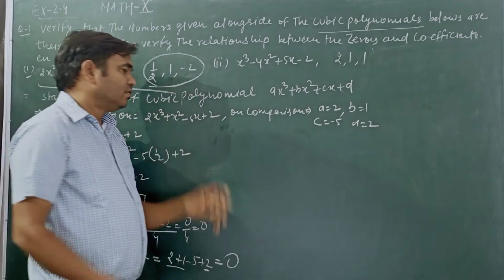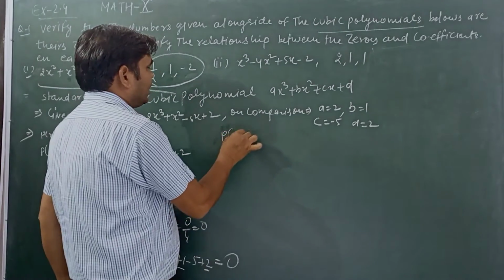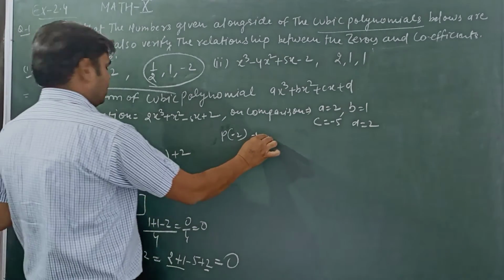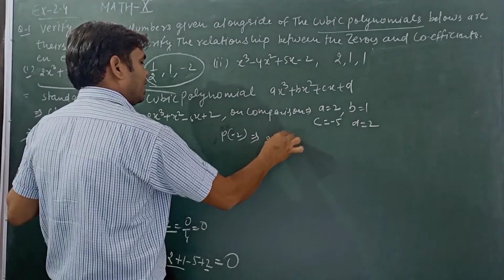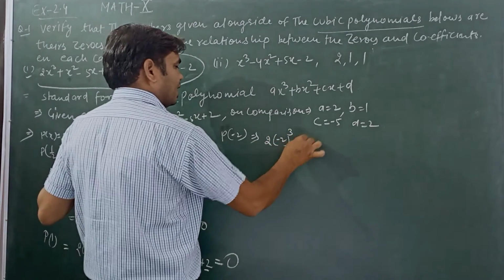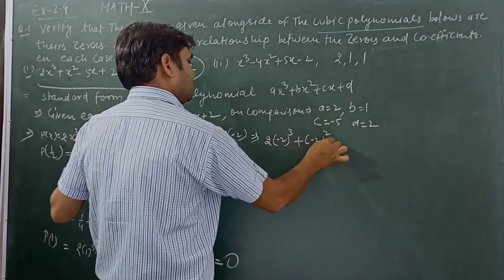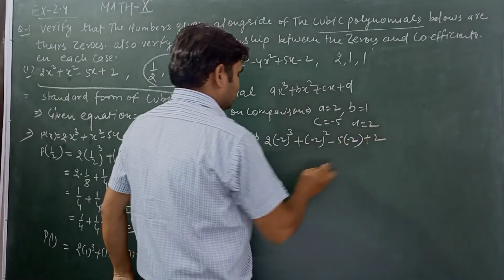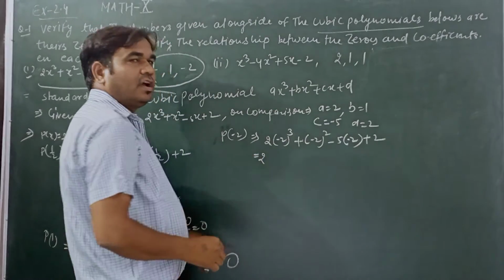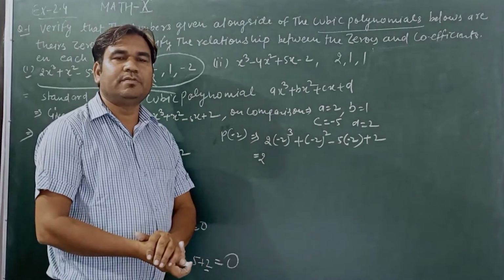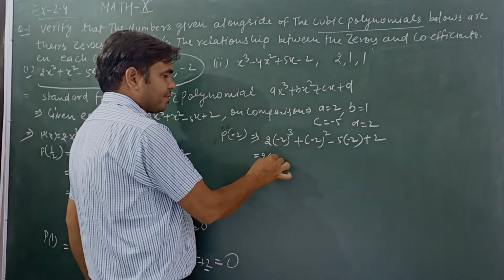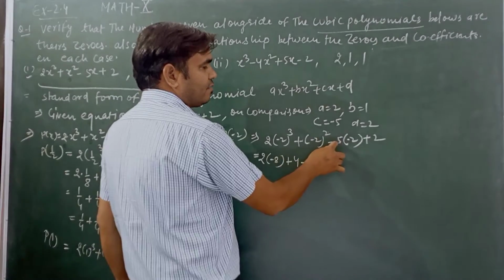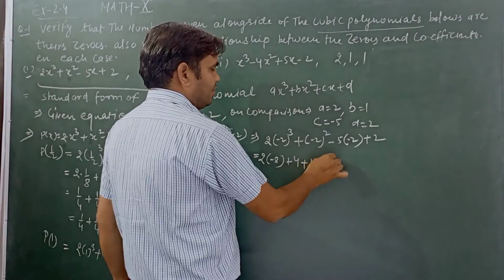Now we take P of minus 2, whether this is satisfied or not. So we take 2 times minus 2 cube, which means minus 8, plus 4, minus 5 times minus 2, which is plus 10, plus 2.